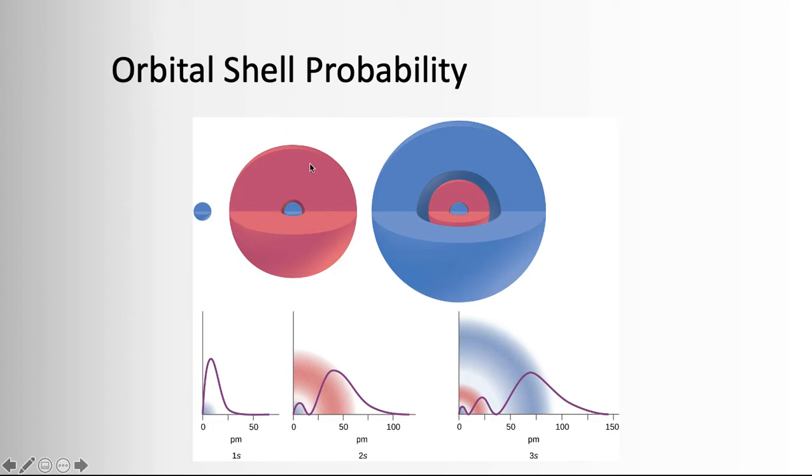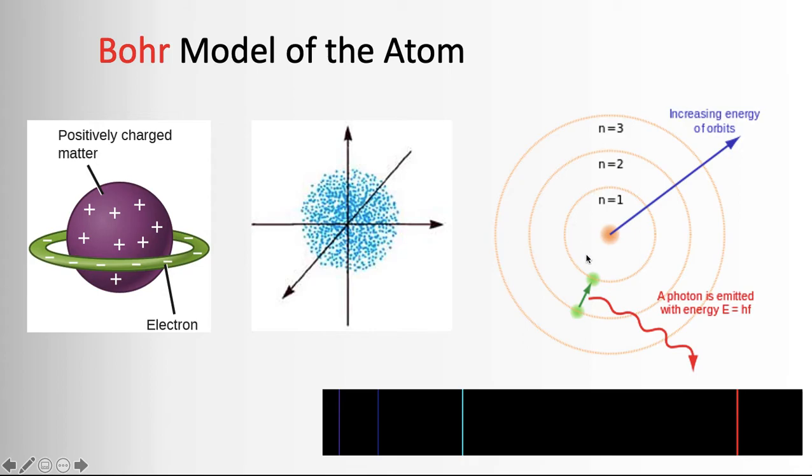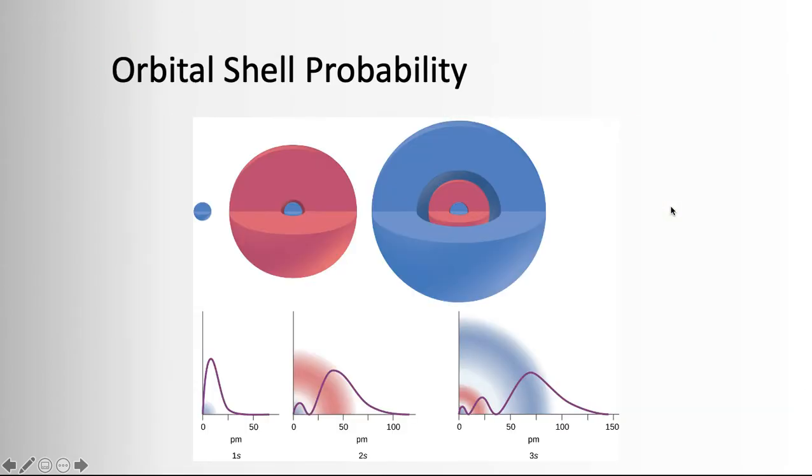However, if I have another energy level, so this was for level 1, but if I move to the next energy level, this one will have this sphere and this sphere. So we'll have two places, two probabilities, two spheres where I could find that electron. There we go. We have two spheres, two probabilities.